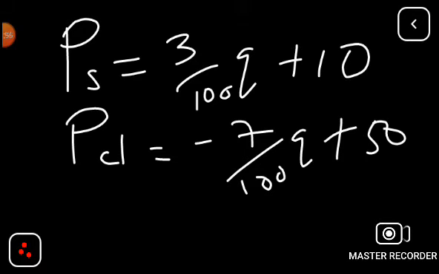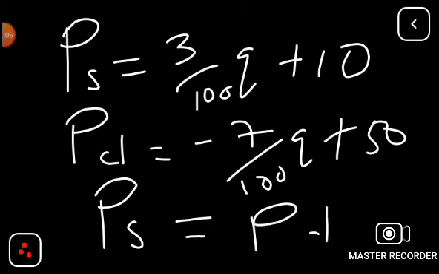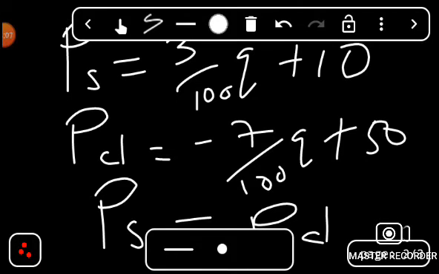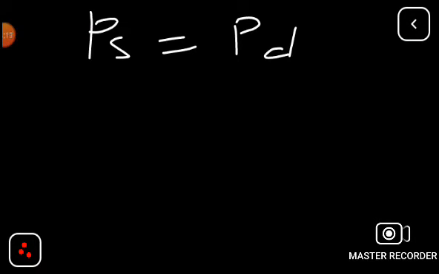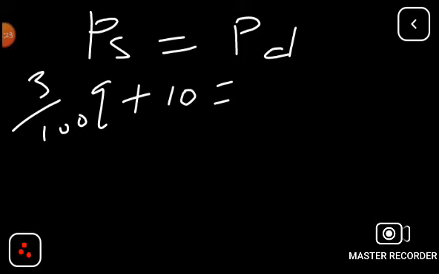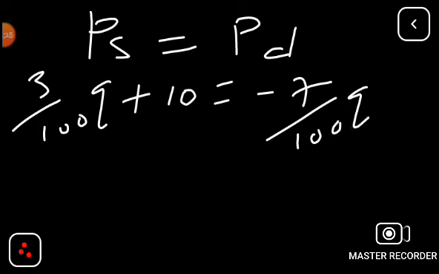So we're still going to set the supply function equal to our demand function, so 3 over 100 q plus 10 is equal to negative 7 over 100 q plus 50.